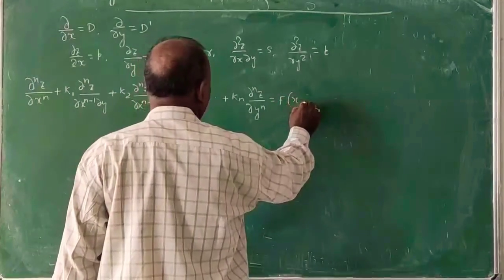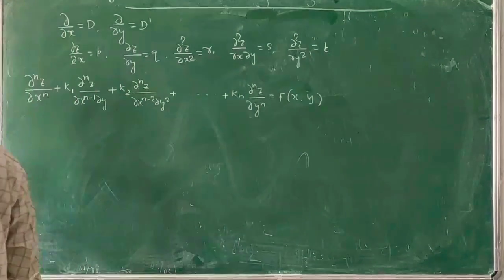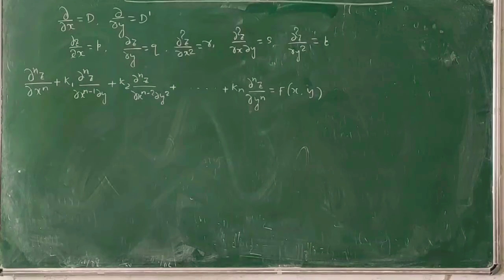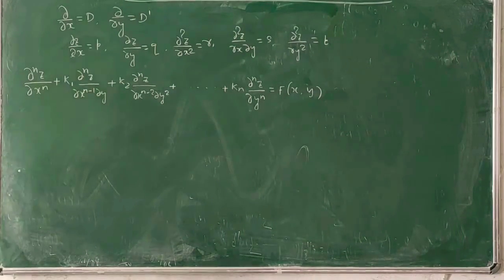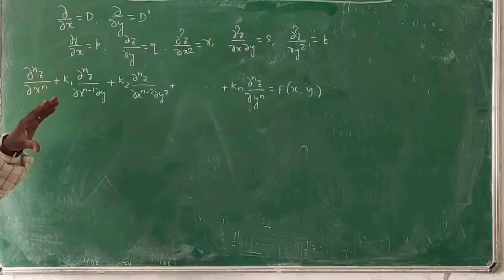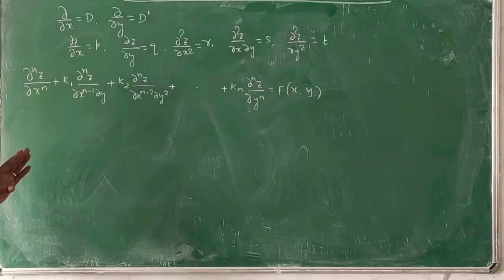equal to some function of x y. Now this is a homogeneous partial differential equation because the order of each term is equal. For that reason, this is homogeneous.